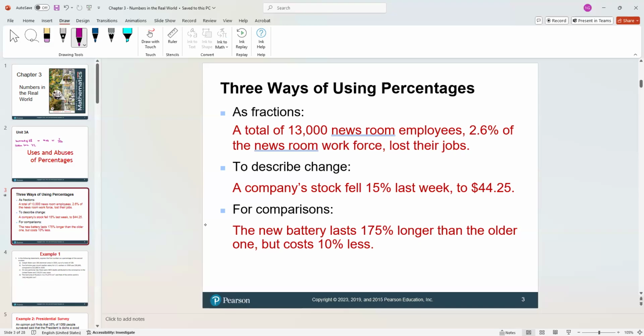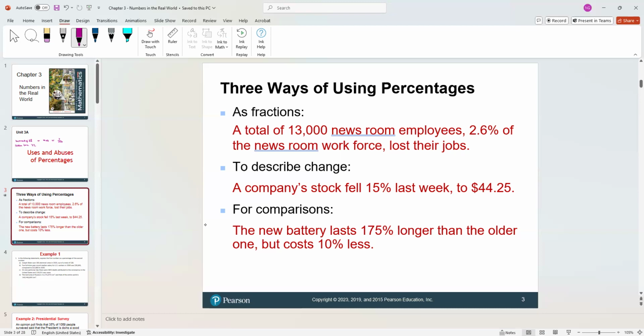Or let's go with the last one, comparison: the new battery lasts 175% longer than the older one, but costs 10% less. As we said, we need to be careful how we use percentages not to abuse them. So when we look closer, we see each statement uses a percentage in a different way.